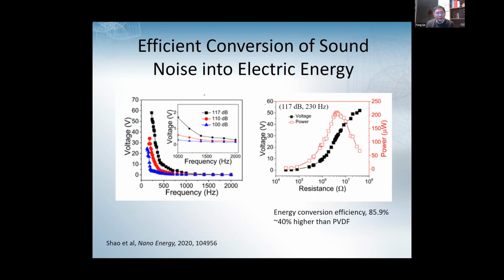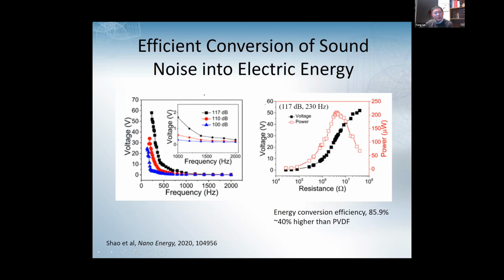More recently, we proved the PAN nanofiber mat is a better energy converter. It can harvest noise into high output electricity, and the frequency range is also broadened.